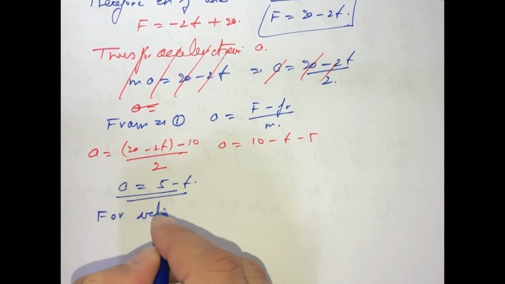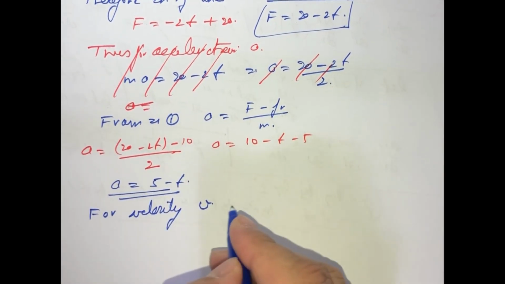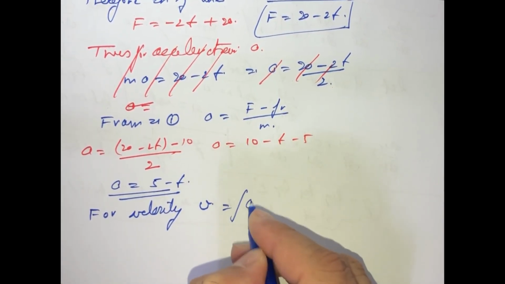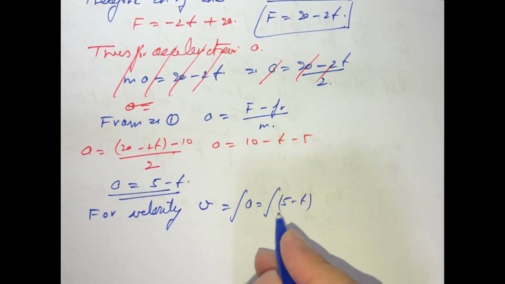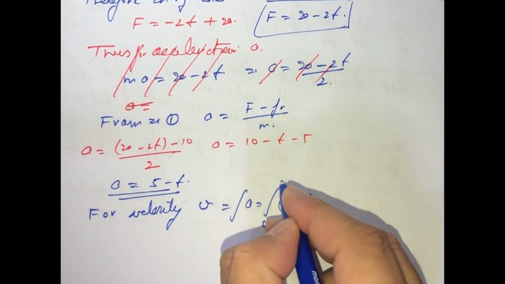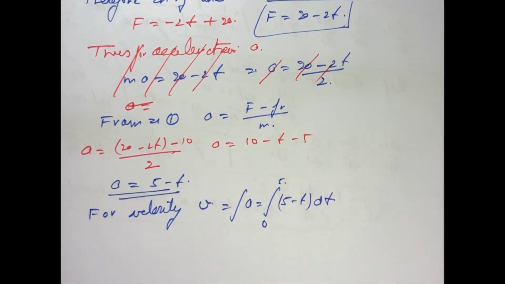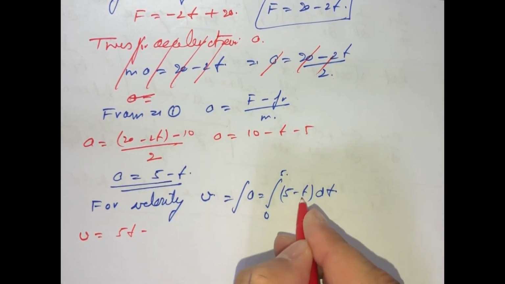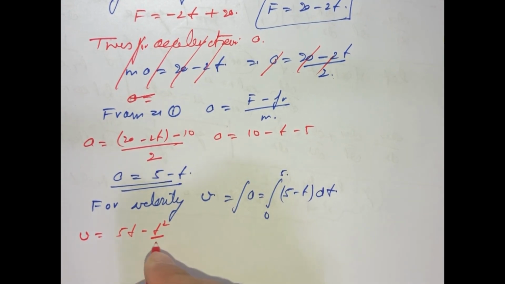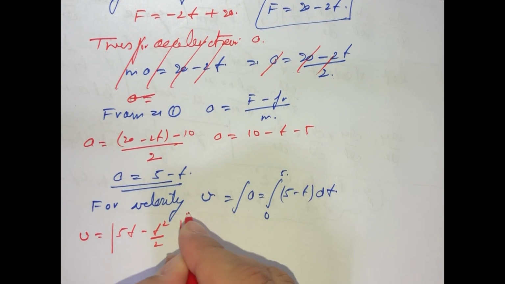Velocity v is equal to the integration of a, the integration of 5 minus t from 0 to 5 dt, and we get velocity is equal to 5t minus t square by 2 from 0 to 5.